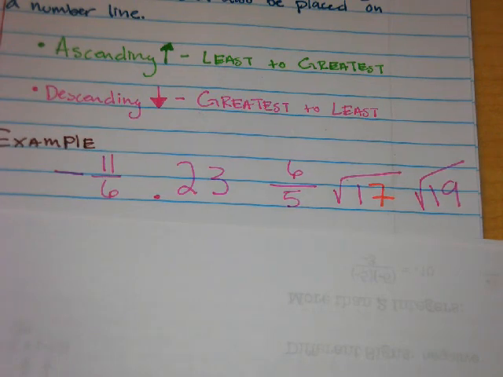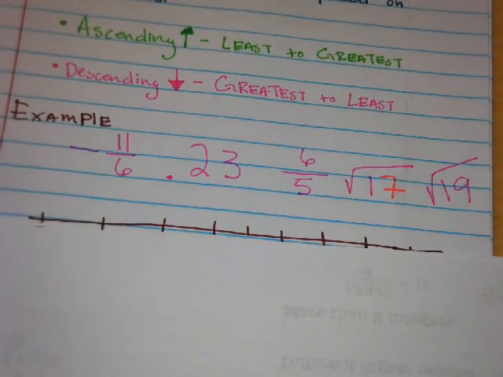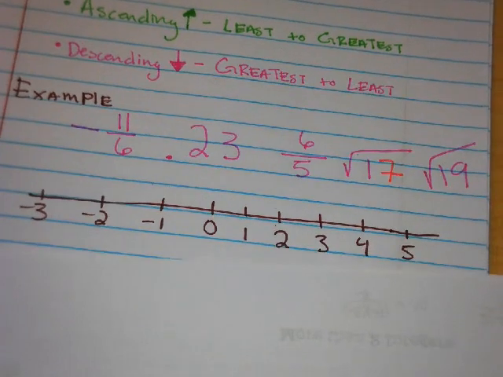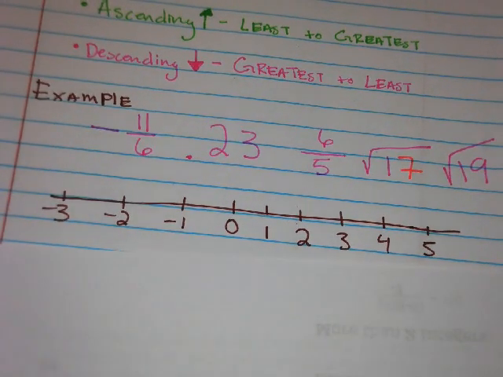Those are rational numbers, but then we have some irrational numbers as well: the square root of 17 and the square root of 19. You could pause here to write these numbers and the number line. Either way, our job is to put these numbers onto that number line.